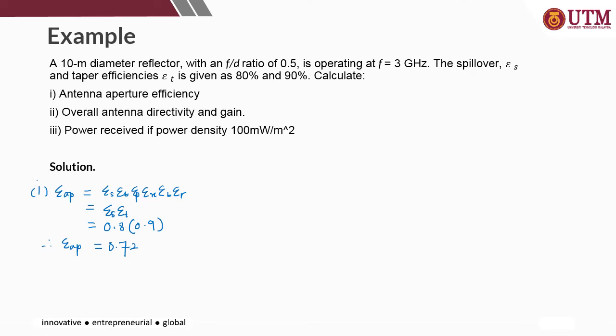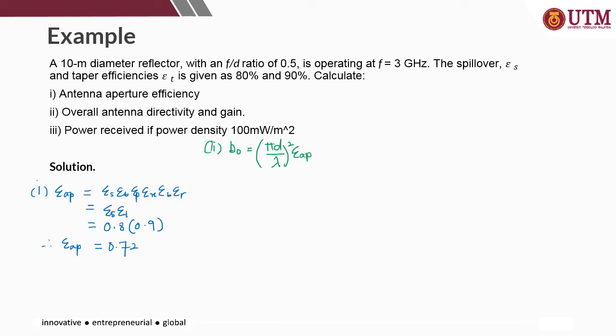Next, question 2, overall antenna directivity and gain. Directivity is D0. Again, refer to the equation. It is basically the maximum directivity multiplied by the aperture efficiency, so it is pi D over lambda, squared, multiplied with the aperture efficiency.